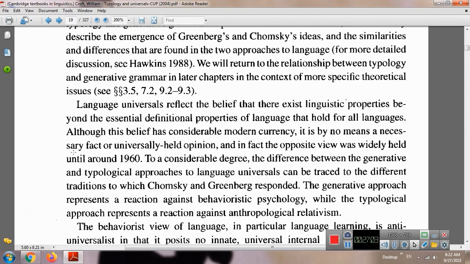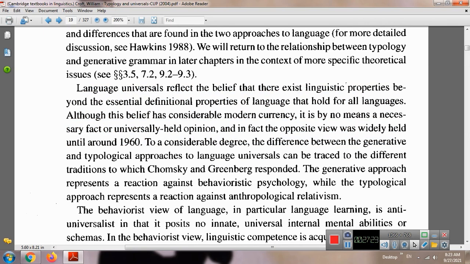Language universals reflect the belief that there exist linguistic properties, beyond the essential definitional properties of language, that hold for all languages. Okay, this is the meaning of universal. By universal, we mean that they are shared in all of the languages.